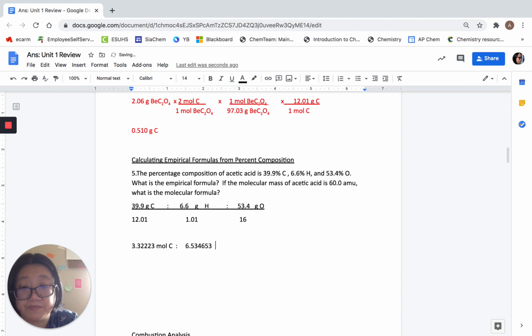Okay, this is a mole of H, and then 3.3375 mole of O. Next, divide them by the lowest number. So in this case, the lowest one happens to be carbon. So let's divide all of them by the lowest one. So we are now dividing each one by this number. Okay.